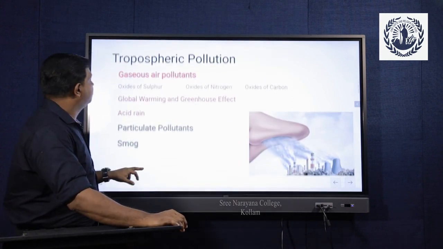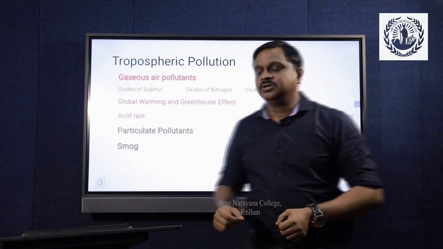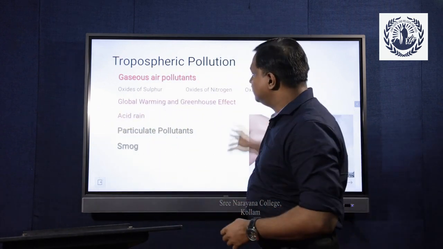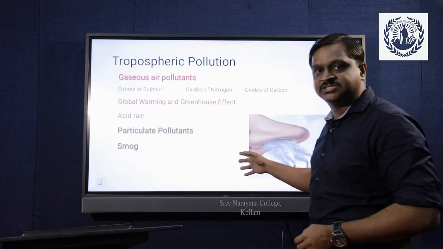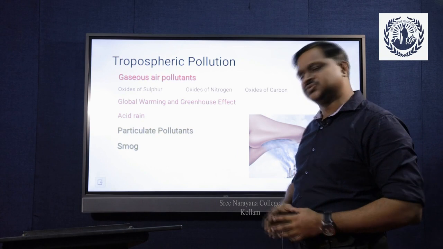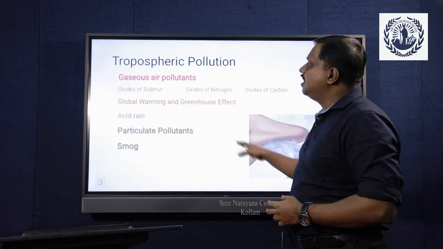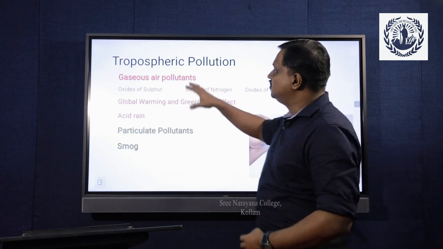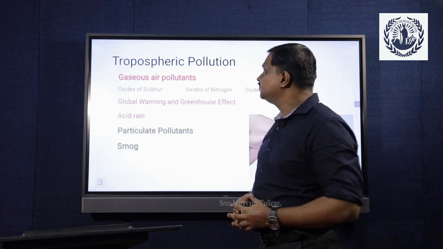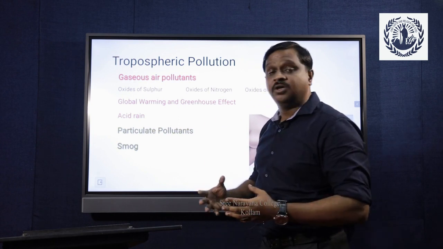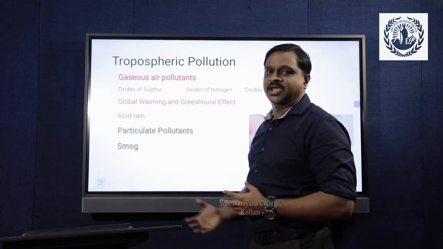So what are the different types of tropospheric pollution that are happening to us? You can see a lot of pollution that can affect or challenge the existence of human beings or any type of biological organisms. In our discussion, we just want to take tropospheric pollution, where the air is, and what are the serious types of pollutants being emitted into the air by human activity.